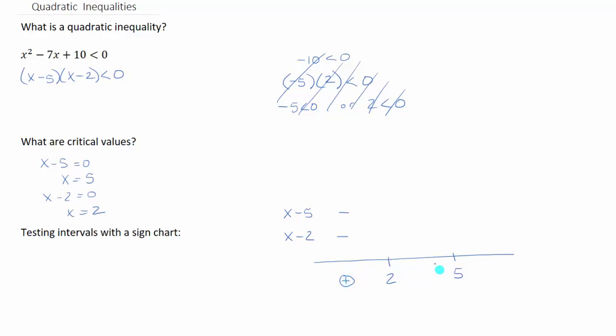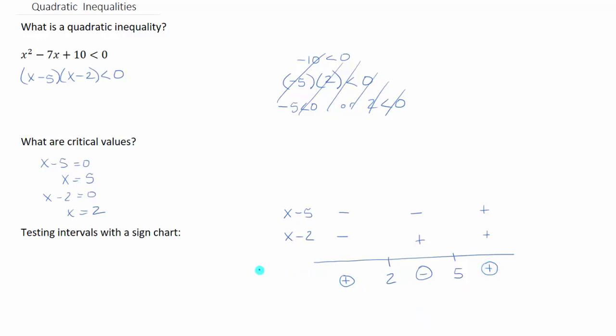Let's try a number in this interval, maybe a 3. If I put 3 in, 3 minus 5 is negative, 3 minus 2 is positive, and a negative times a positive is negative. Let's test something over here, maybe a 6. 6 minus 5 is positive, 6 minus 2 is positive, so a positive times a positive is positive.